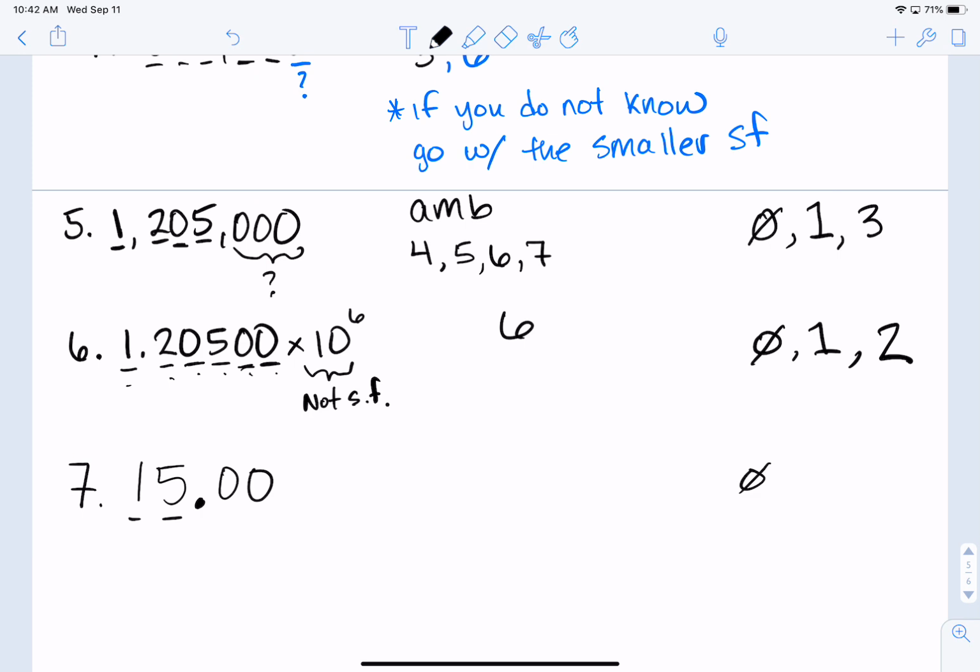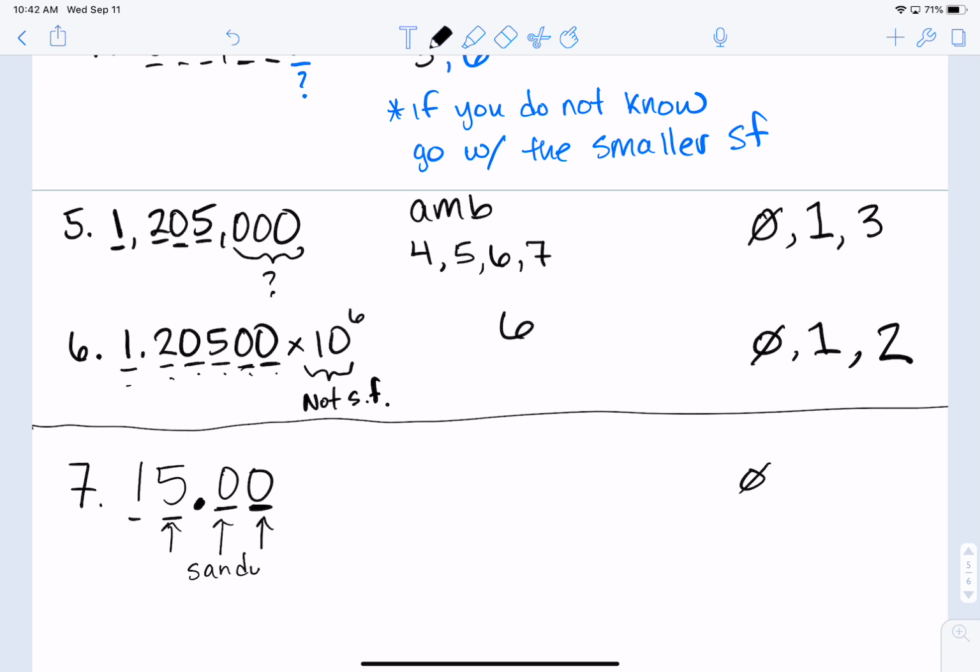You should start right here, below that. So because there's a decimal point here, this 0 is significant. It ends the number. And then this one is sandwiched. Because this one is significant and this one is significant, this 0 right here is a sandwich. So we'll count it.